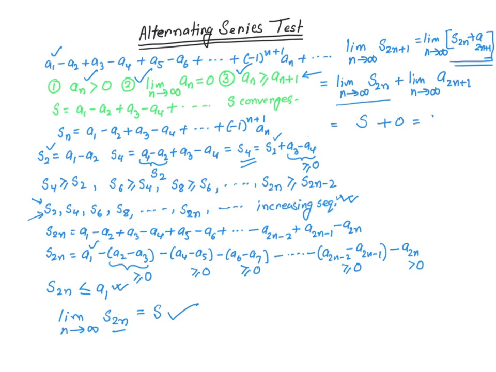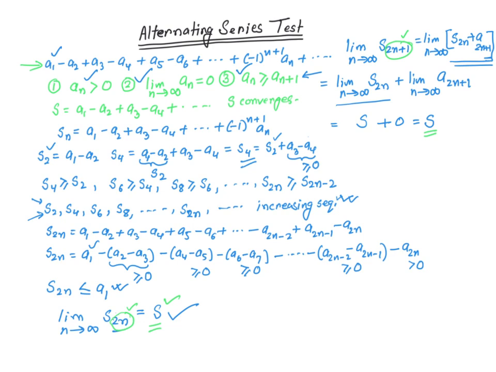So you have S. So we just found out that the sequence of partial sums converges to S regardless of the subscript, whether you have an even subscript or an odd subscript. So it converges for both even and odd subscripts, and they converge to the same value, S. Therefore, this series must converge to S.